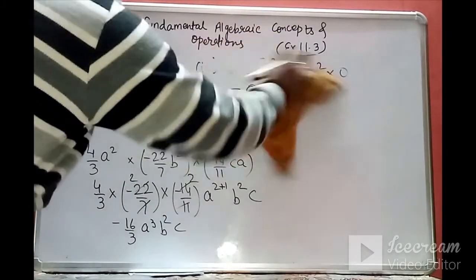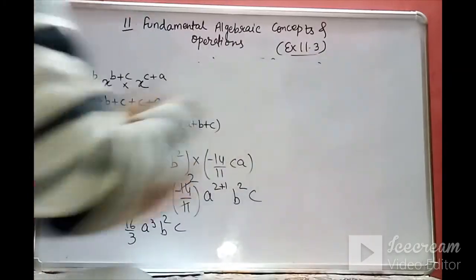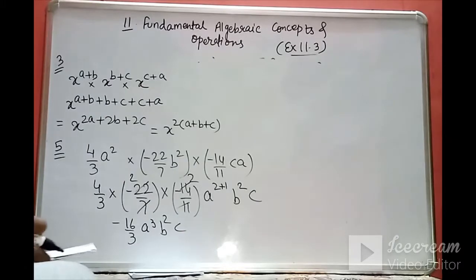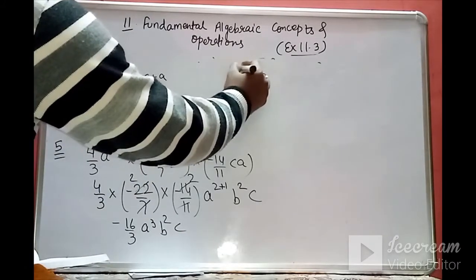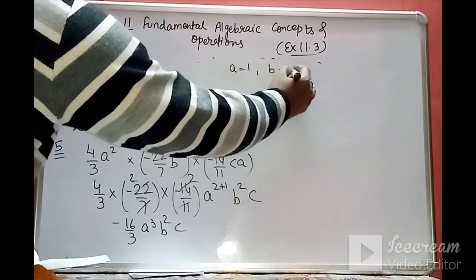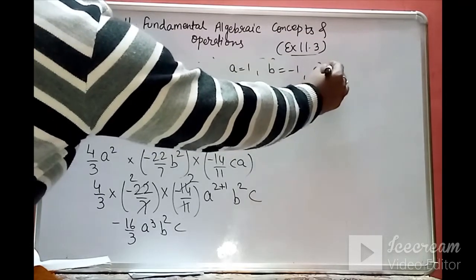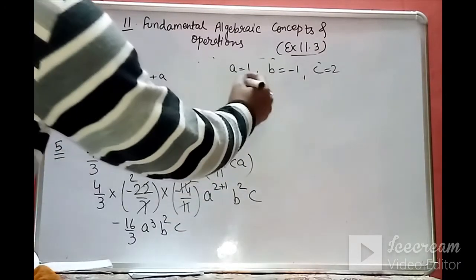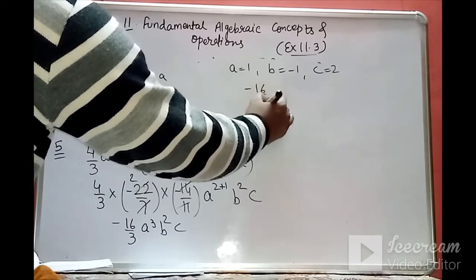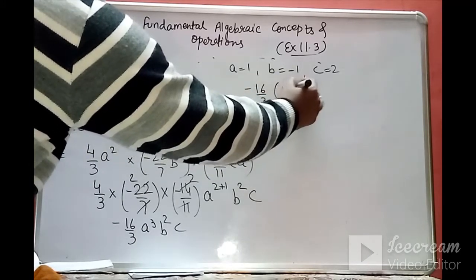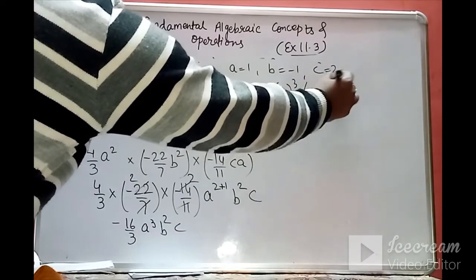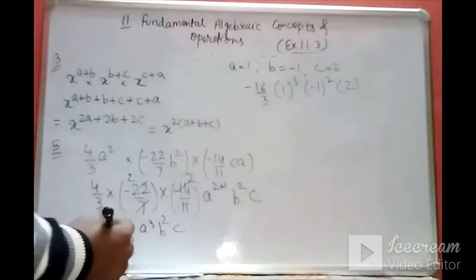Okay, then what is given to us? We have to find, a is 1, b is minus 1 and c is equal to 2. So we will put the values. We will get minus 16 upon 3, 1 cube, minus 1 square into 2.